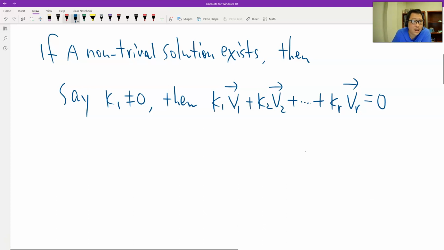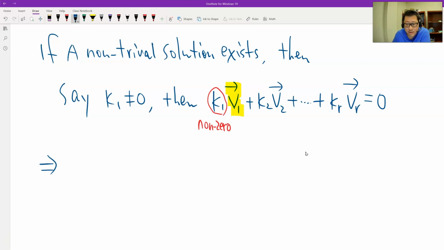Now what do we have? We have k1 is not 0. For k2, k3, up to kr, I don't know, so probably 0. Therefore, we can solve for v1 from this equation.